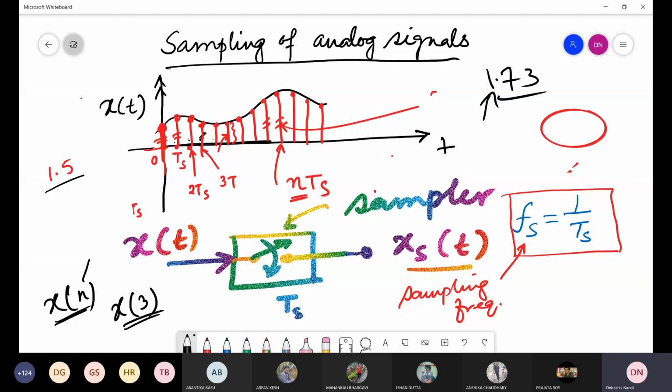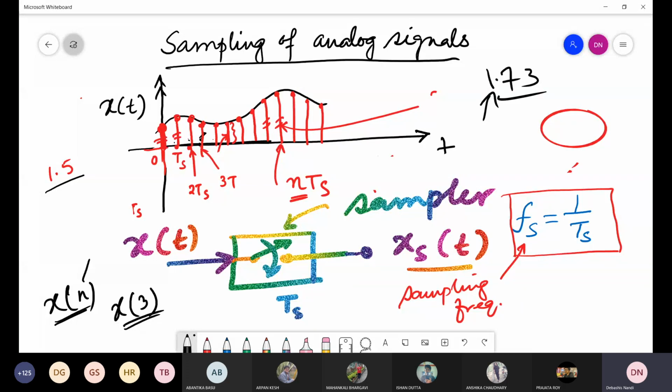But the device on which you will process the signal is a finite state device. It can handle only a finite number of bits. It is not possible to handle an infinite number of bits by using a computer or any kind of digital processor having finite memory size. Therefore, you have to quantize this signal.